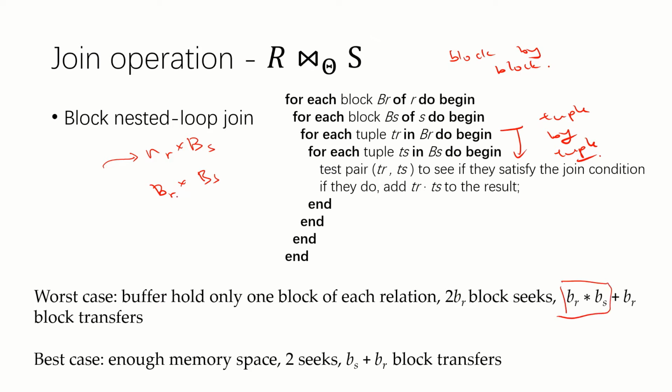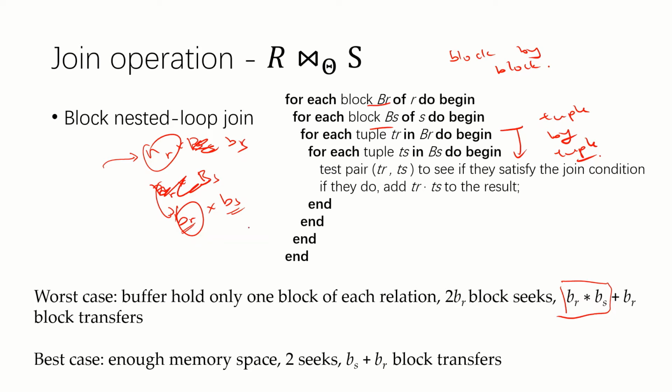And why? Sorry, I should use the small letters. So br times bs. So why is it right now from nr we reduce it down to br? Reason being because we are now looking at it at the block level. So for every tuple within the block, we need not do the transfer anymore, and hence because of that, we just need to transfer the number of blocks br number of times.